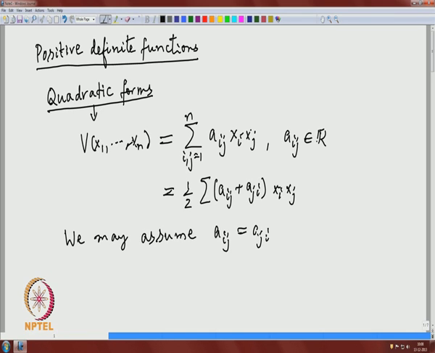So, that means the coefficient matrix A_ij is real and symmetric, because we are only interested in real quadratic forms.